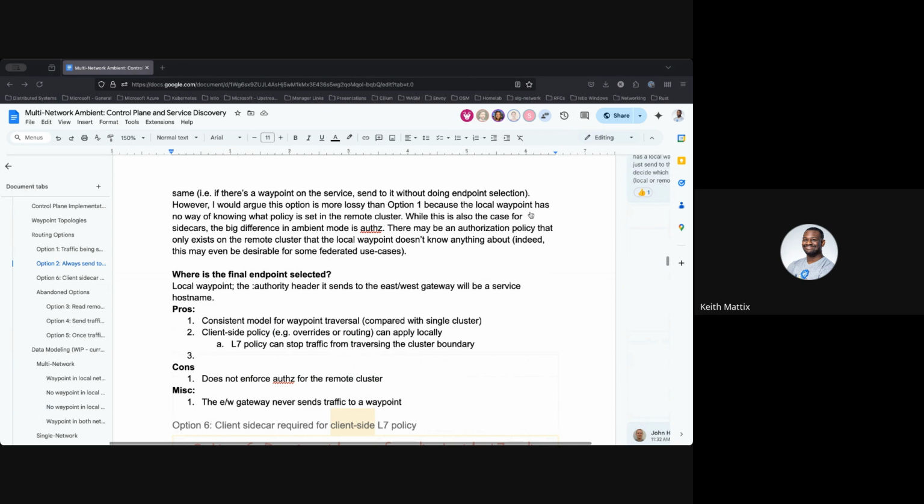If you only send to the local waypoint and don't send to the remote waypoint, there might be an authorization policy that is in the remote cluster only that the local waypoint knows nothing about, and now you've bypassed that endpoint policy. And that's frankly unacceptable. That's one con here. Yeah, exactly. Sidecars have two L7s in the path, and so they can have policy enforcement at both points. But doing that with a waypoint would just not be feasible because you would skip the remote waypoint.